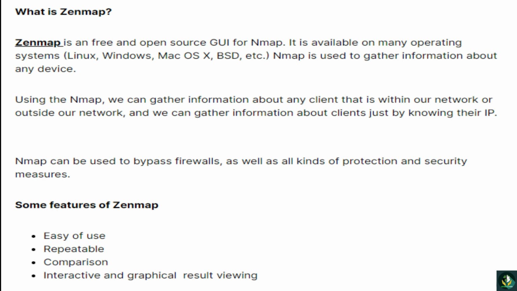Using Nmap, we can gather information about any client that is within our network or outside our network, just by knowing their IP. Nmap can be used to bypass firewalls as well as other kinds of protection and security measures. Some basic features of Nmap: easy to use, repeatable, comparison, interactive, and graphical result viewing.